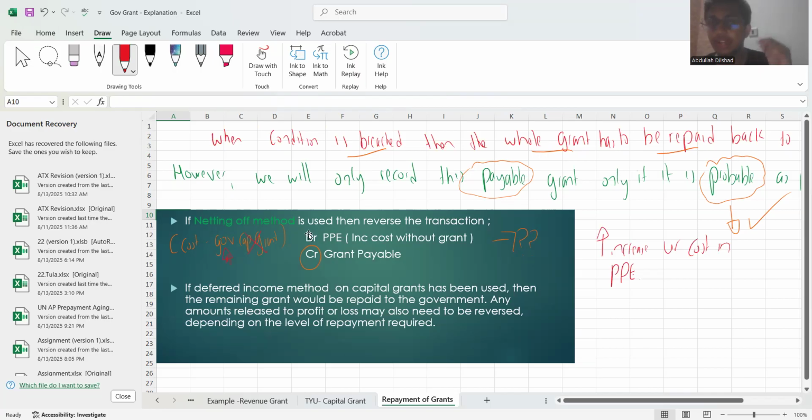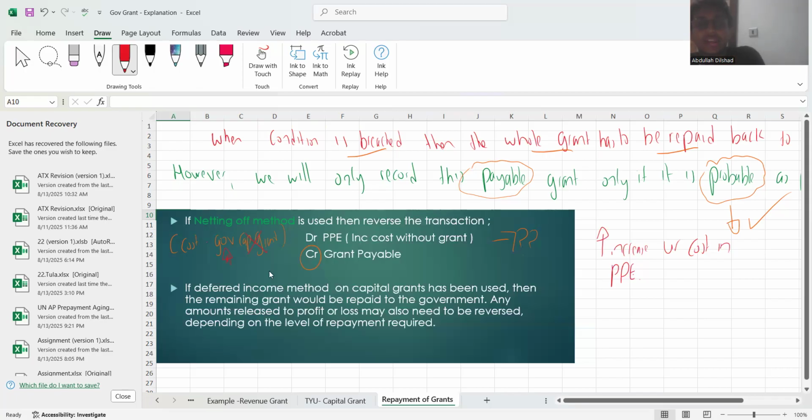Why you will be debiting is you have to bring your cost to its original value, that is the value excluding your capital grant. So that is the double entry when you have to repay under the netting off method.